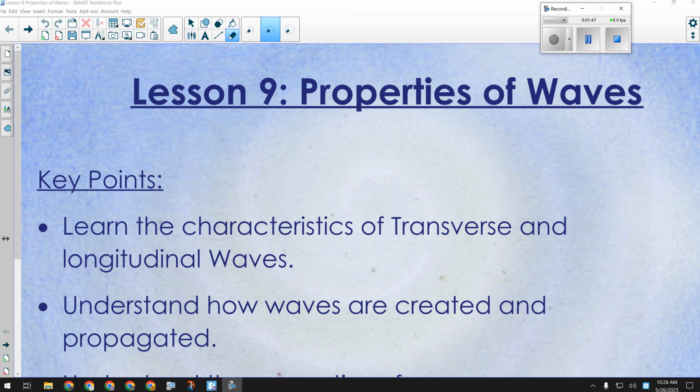If you've ever thrown a rock into a lake, you have seen this. The rock hits the water, and the waves travel outward in concentric circles from the point where the rock hit the water. It disturbed the water. Because the water is a polar molecule, it actually oscillates up and down a little bit. If you've ever seen that in slow motion, you see the water go down, and then some water shoots back up, and that water splashes down.